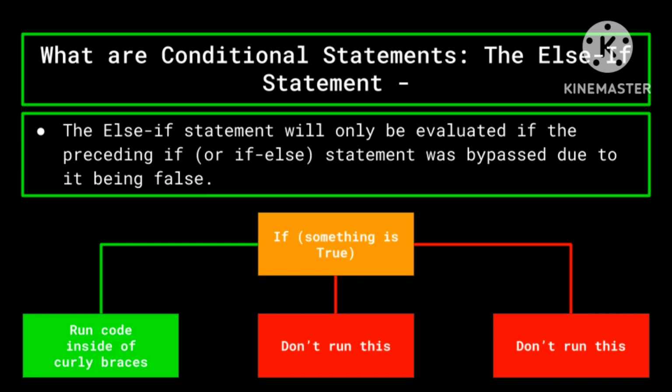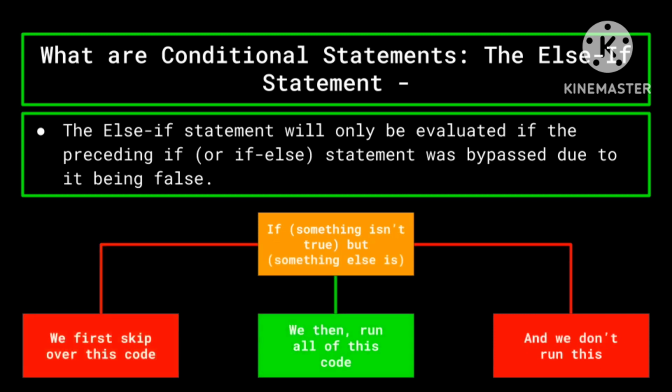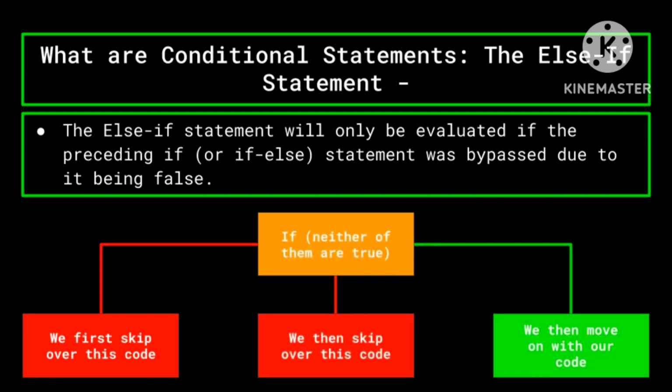So we would run through it like so. If something is true, we would run the code inside of that statement's curly braces. Else, if that something is not true, but another statement inside of the parentheses is true, we would then run that code segment. And if neither of them are true, we would skip both segments of code and move on in our program.